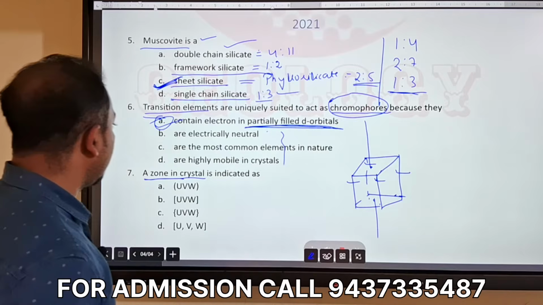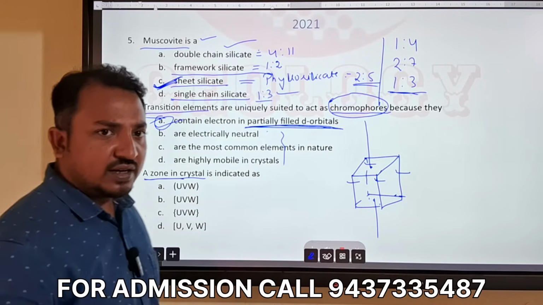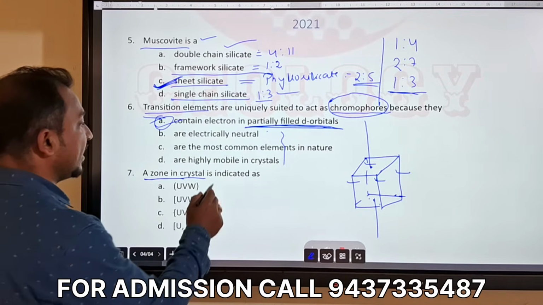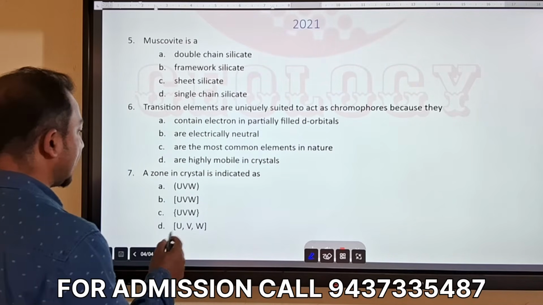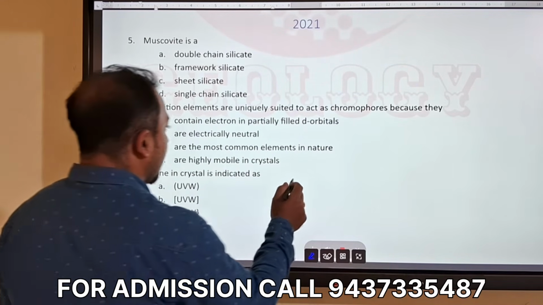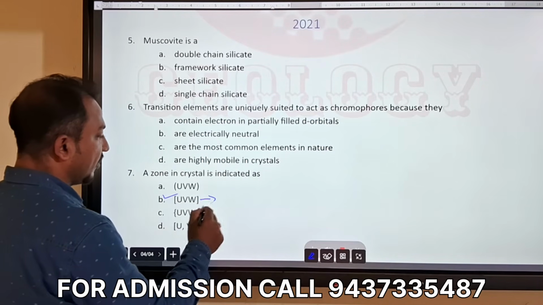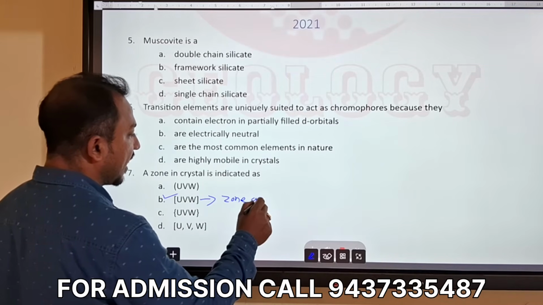Now see what question is given. A zone in a crystal, that means if you are defining any zone, then you define it through the zone axis. So it is indicated by a square bracket. A square bracket indicates a zone axis.